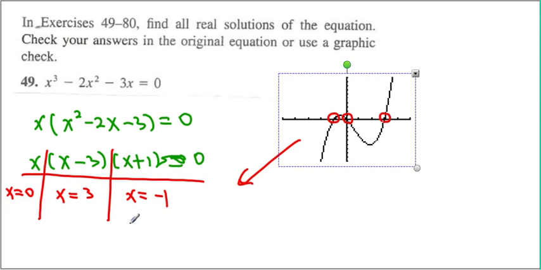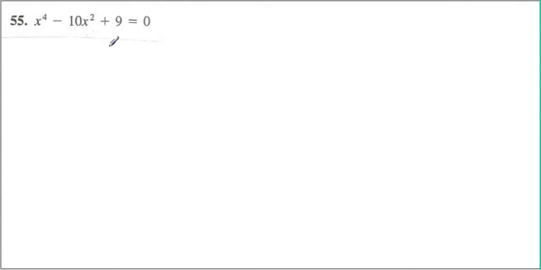Alright, let's go for the next question. If you have to factor this one, you can assume that x squared will be equal to a. Then when you square both sides, x to the fourth will be equal to a squared.